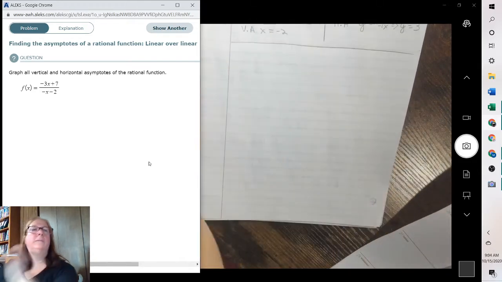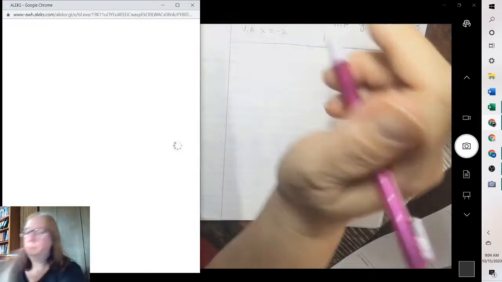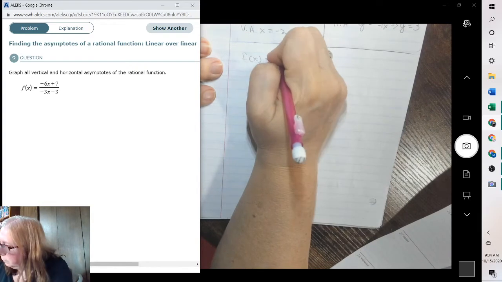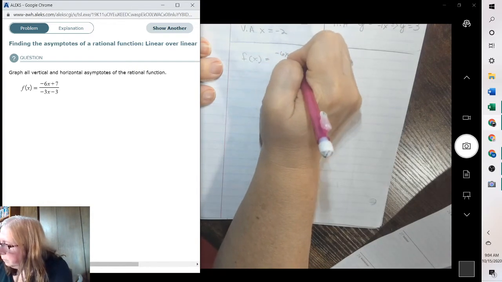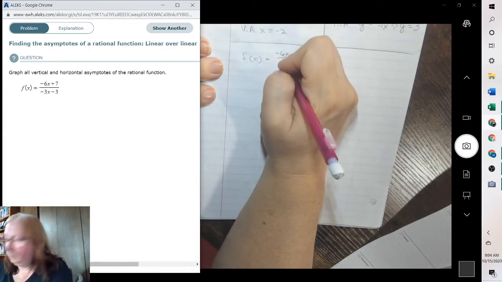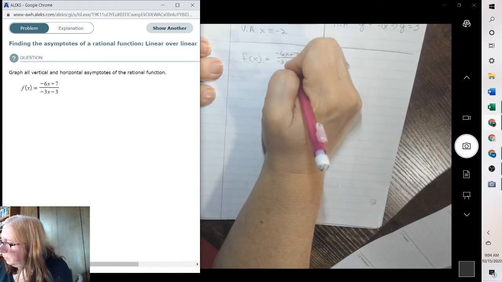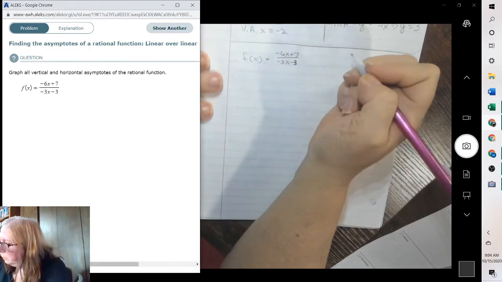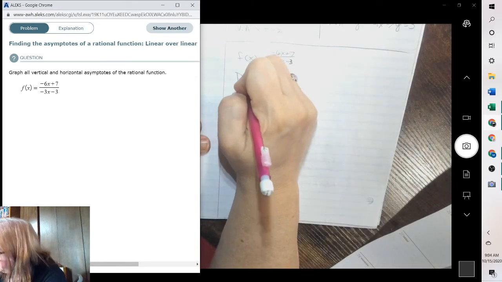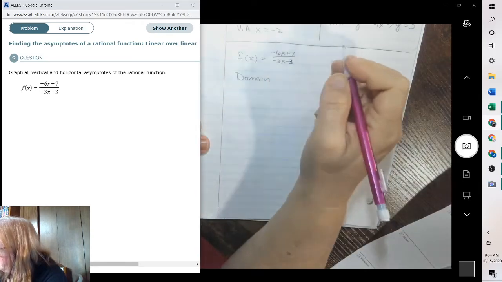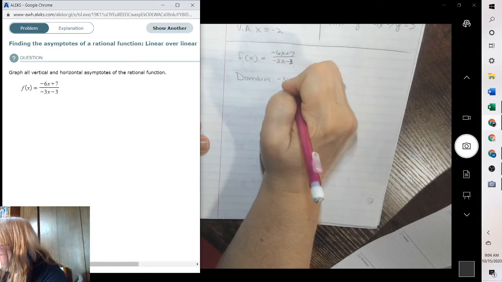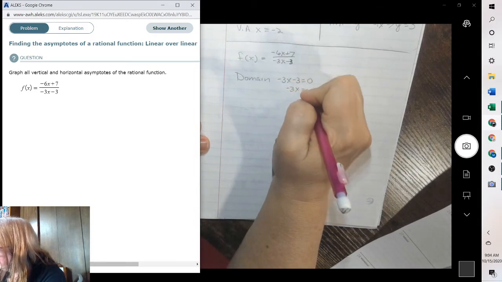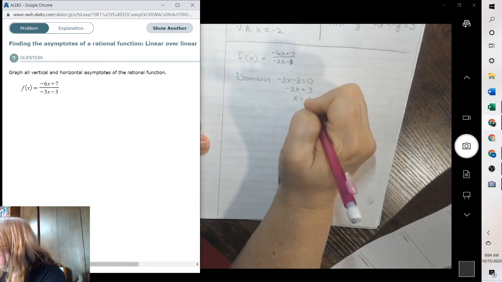Try another one. First thing we do is find the domain. For the domain, we get -1.